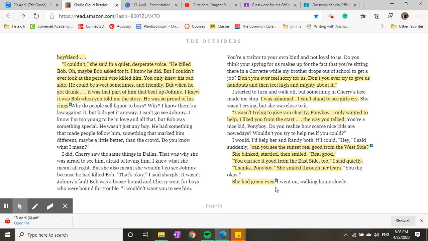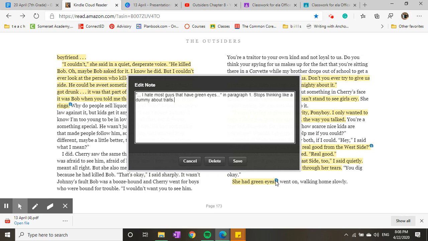And then this is one I actually had to think about for a minute. So he randomly goes, "You dig okay," and then it says she had green eyes, and it made no sense. And then he went on, but if you remember at the beginning, at least in the first book, I think it was paragraph one where I found it, he's talking about how much he hates people with green eyes, and it's so arbitrary. Like, I don't like green-eyed people.